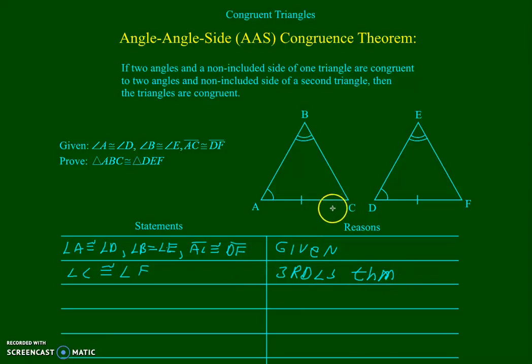And then since we know this is congruent to this, we can say triangle ABC is congruent to triangle DEF by the angle-side-angle congruence postulate.